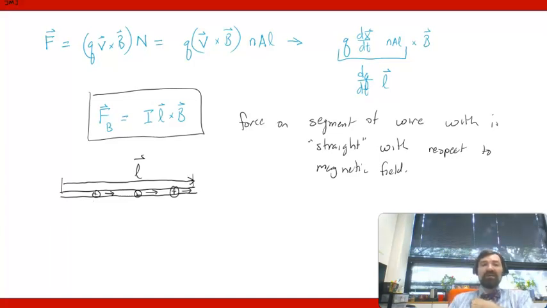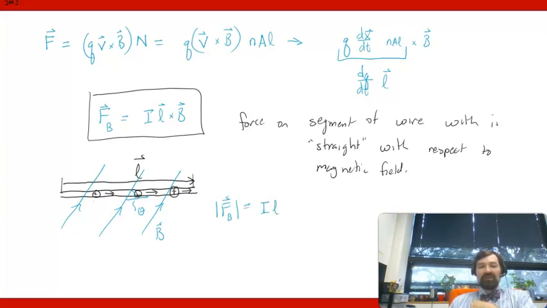So this is L, and then if I happen to have a magnetic field like so, this maybe is my B. And if I have some angle here, theta, then the magnitude of this force is going to be whatever current I have times the length times B times the sine of this angle theta between the two.